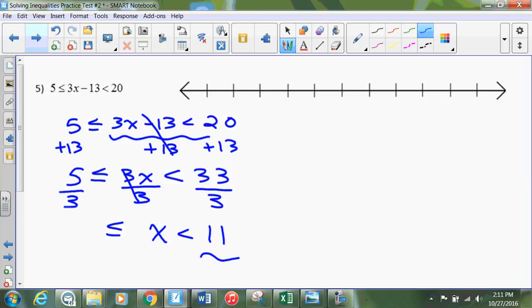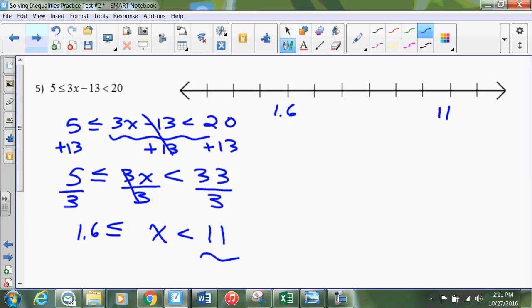And I'll get 1.67. I'm just going to go ahead and put 1.6. And so it's obvious that 1.6 is way smaller than 11. Now note, our tick marks aren't going to be perfectly spaced from 1.6 to 11, and that's okay.